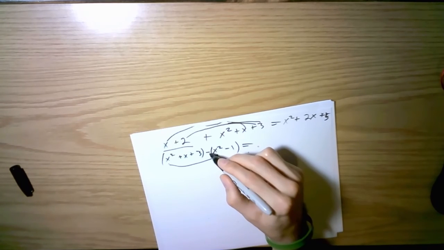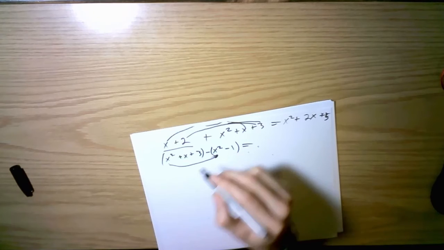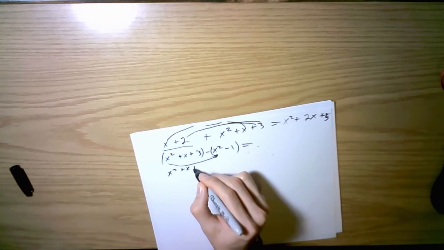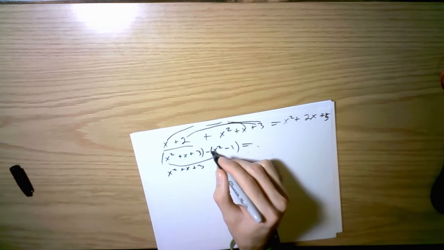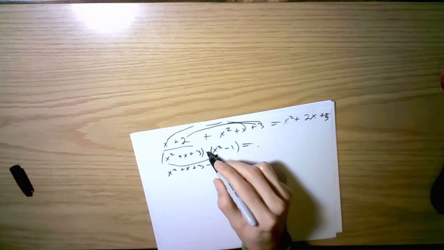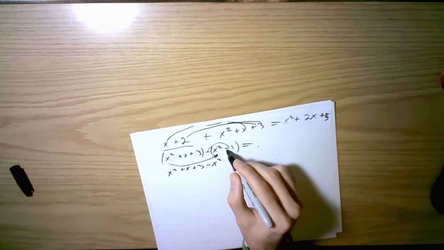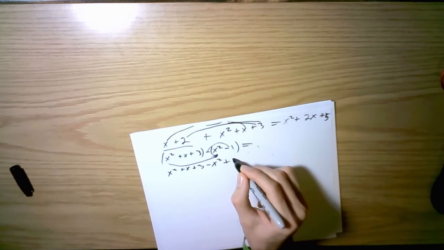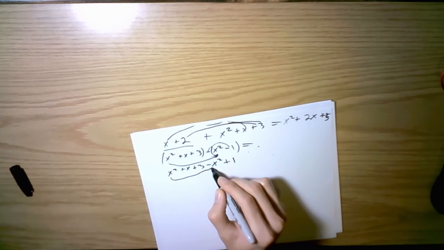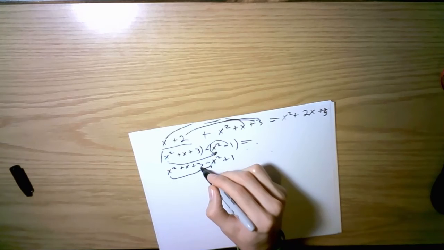Let's start by distributing this negative right here actually. So x squared plus x plus 3, the negative goes to x squared, and then the negative goes here too. 2 negatives make a positive, so that's going to be plus 1. Alright, so these are like terms, and these are like terms.